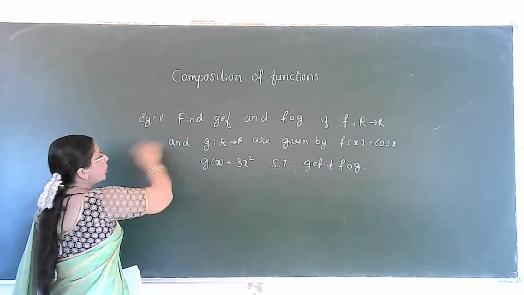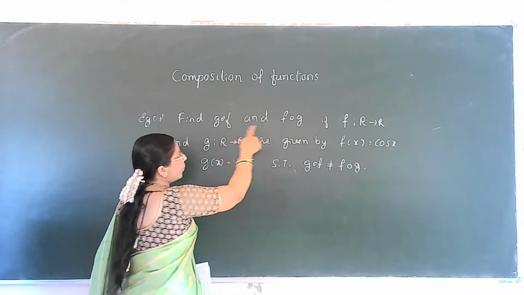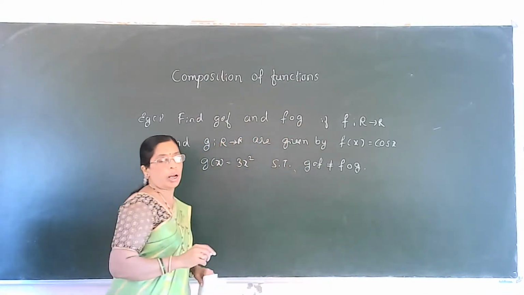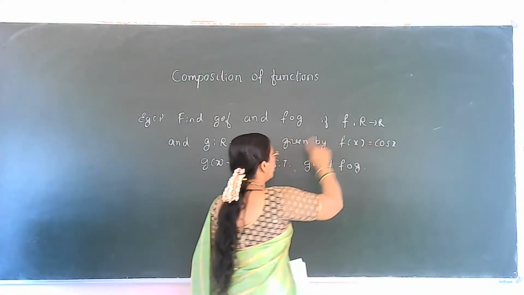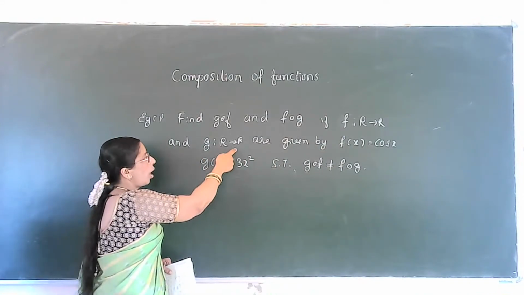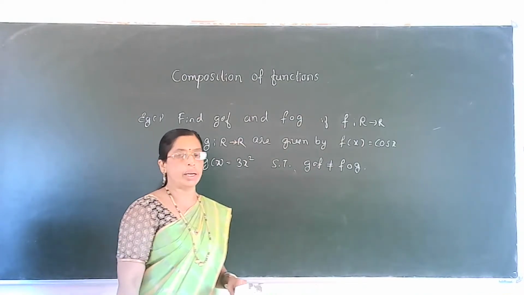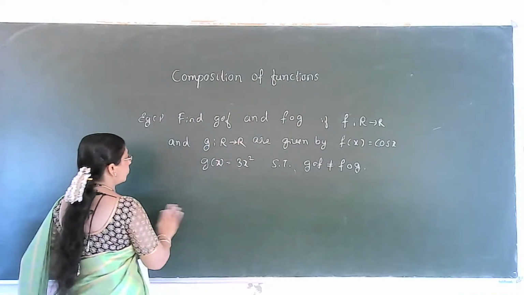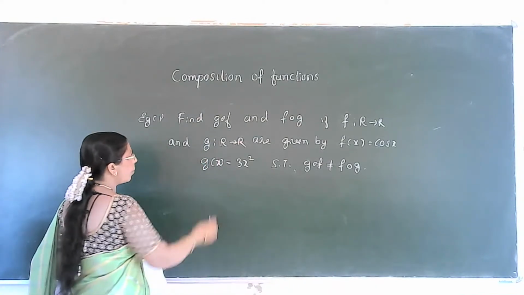First, we observe this one. Find g composition f and f composition g. The functions are f from R to R and g from R to R. Means here domain and range are R to R, real functions, the real number set.